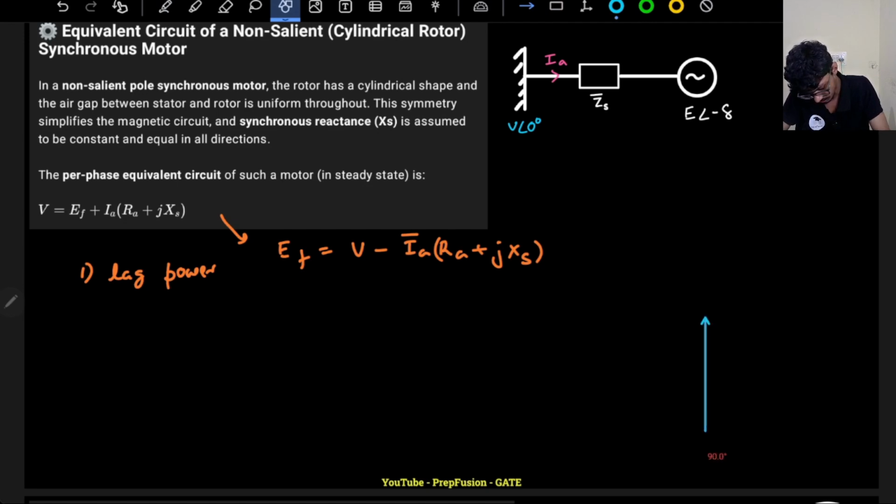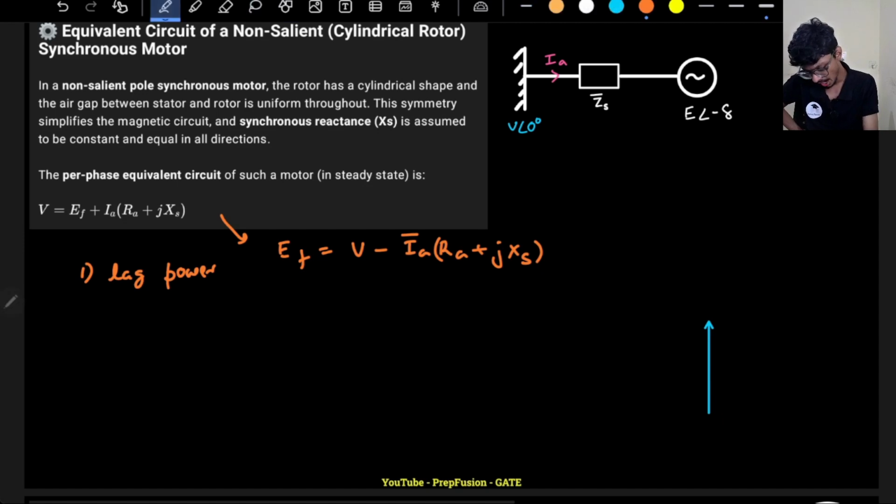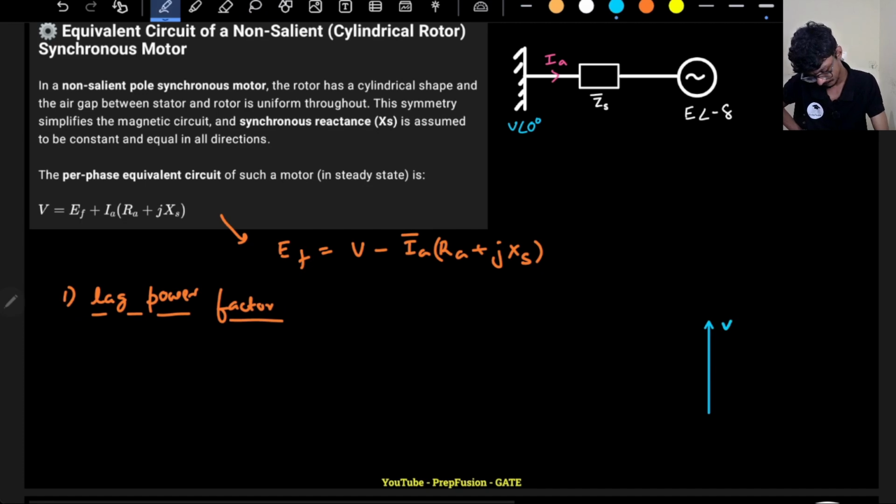This will be my V. With respect to V, IA is at lagging power factor. This is Vt, so IA will be somewhere here.